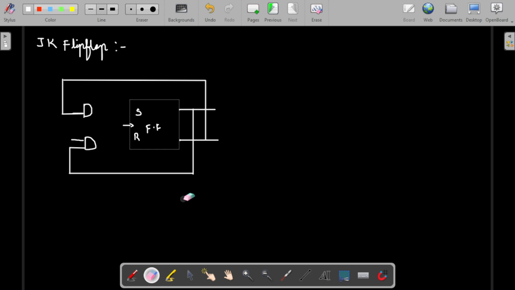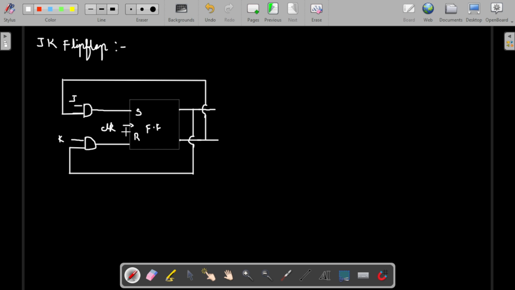So the thing here is this. This one is J, another input is K, and this is the clock. This is directly given to the S input and this is directly given to the R input.